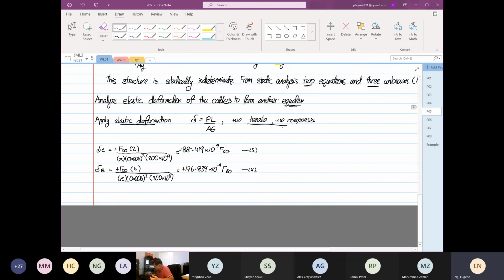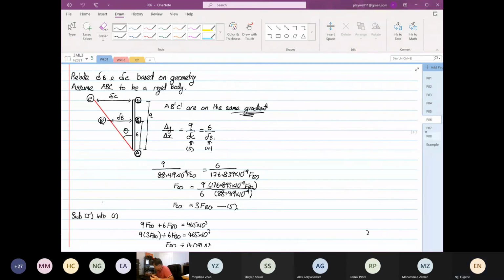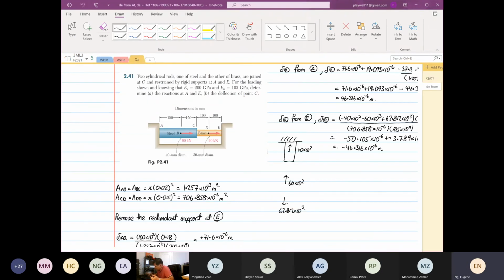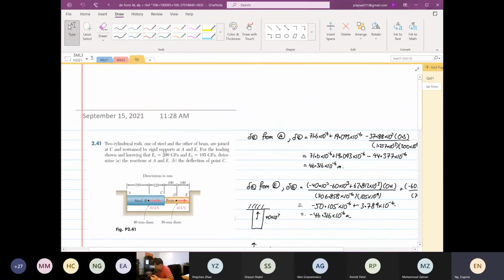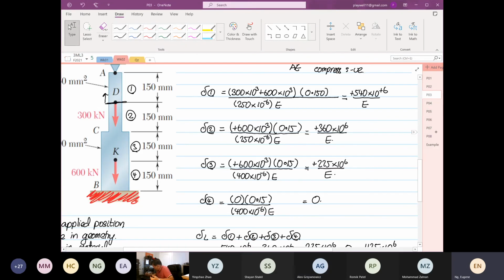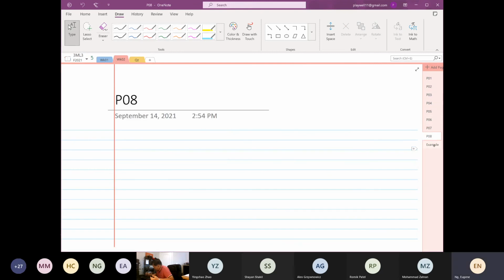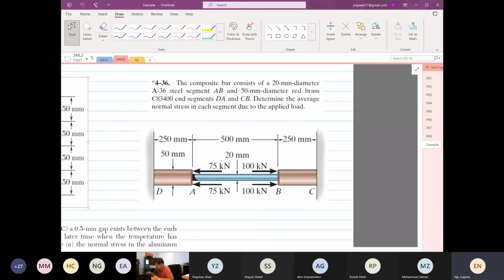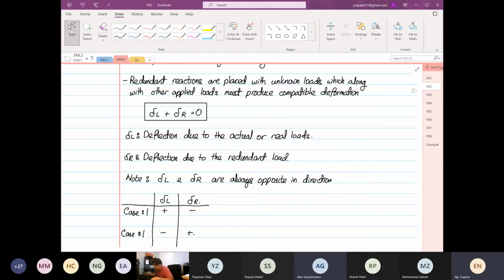So what you do is you just rotate the diagram, which I will show later on. Later on, we're going to solve a problem like this. So what we do is just rotate the diagram and there we go. Okay. Thank you.